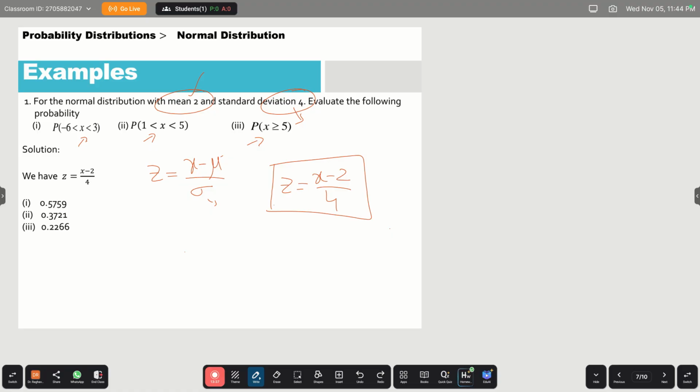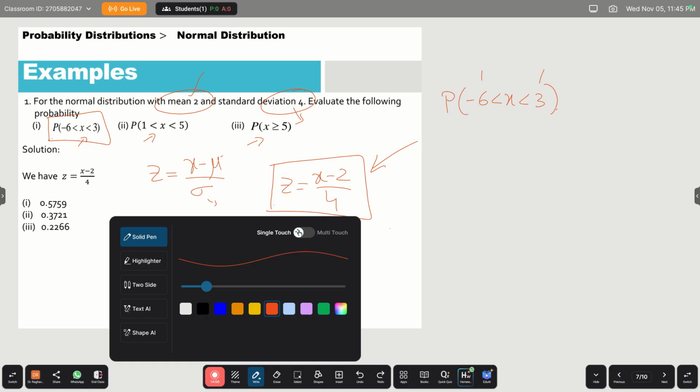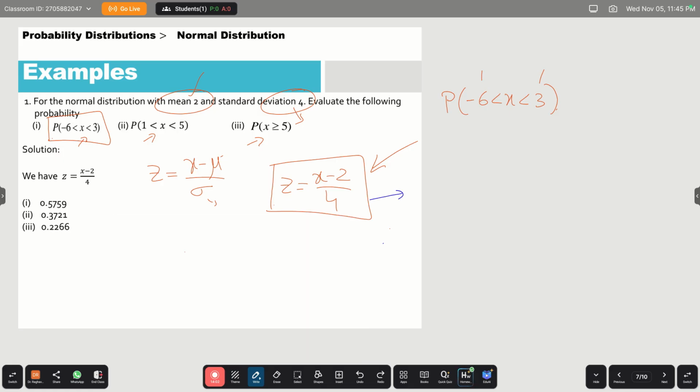My first required probability is P(-6 < x < 3). In this substitution, I am going to put my lower limit and upper limit and find the corresponding z values for the standard normal distribution. If I put -6, it will be (-6 - 2)/4, which is -8/4, which is -2.